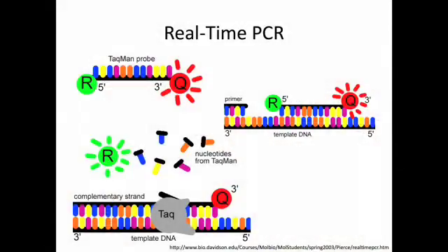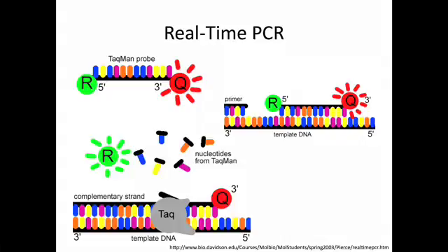The way this technique works is that you would design two primers, one at either end of the region that you're looking to detect, and you also design a probe in the middle of this region that has this reporter and this quencher on it. During the annealing step of PCR, this probe will anneal to the DNA.